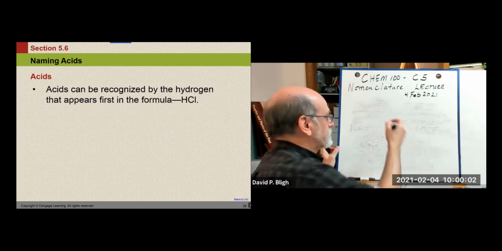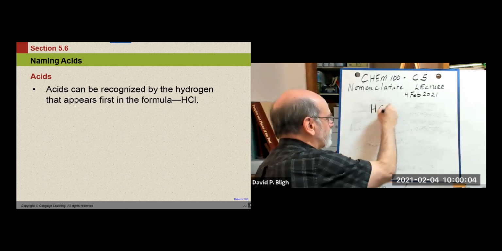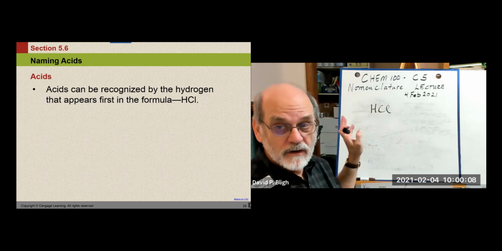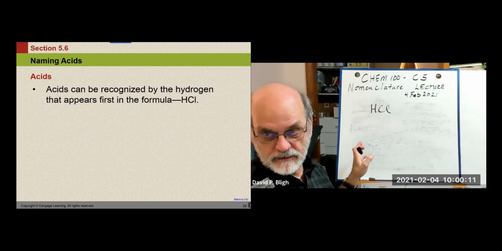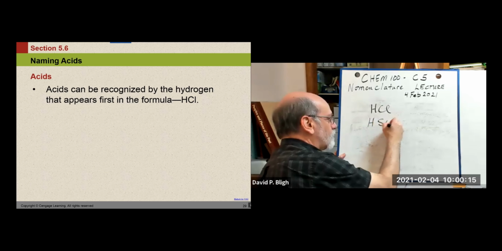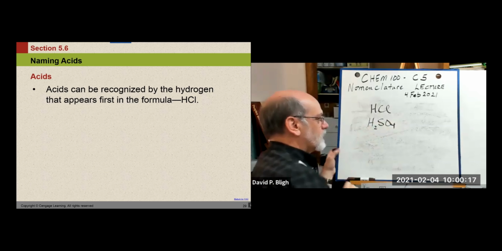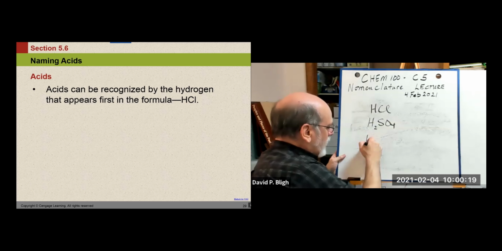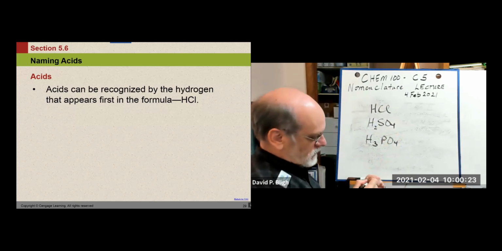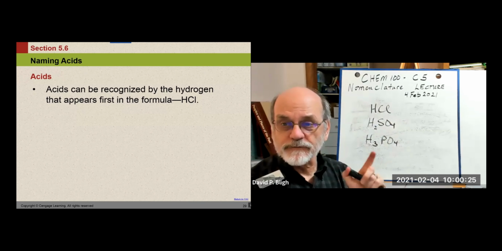HCl, for instance. Going to have a hydrogen first. Sometimes they have 2 or 3 hydrogens first, like that one, or like this one. Okay, but the hydrogen is always first.